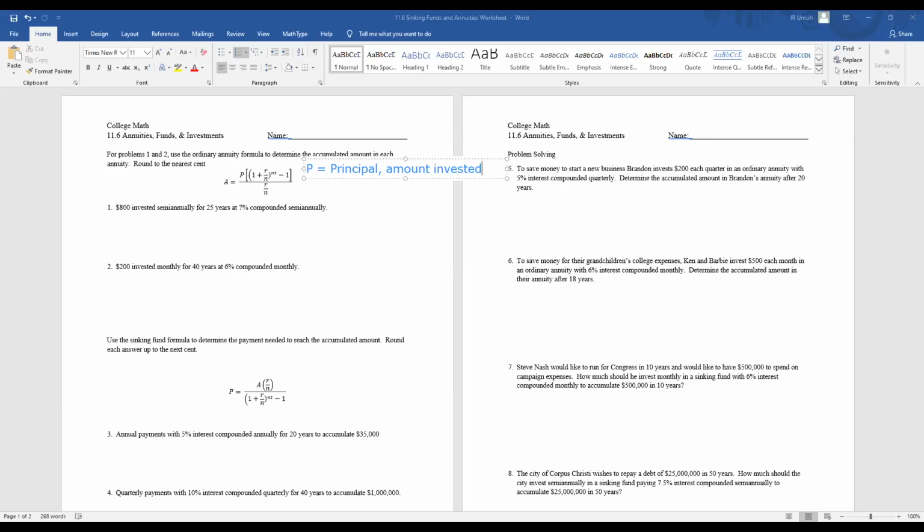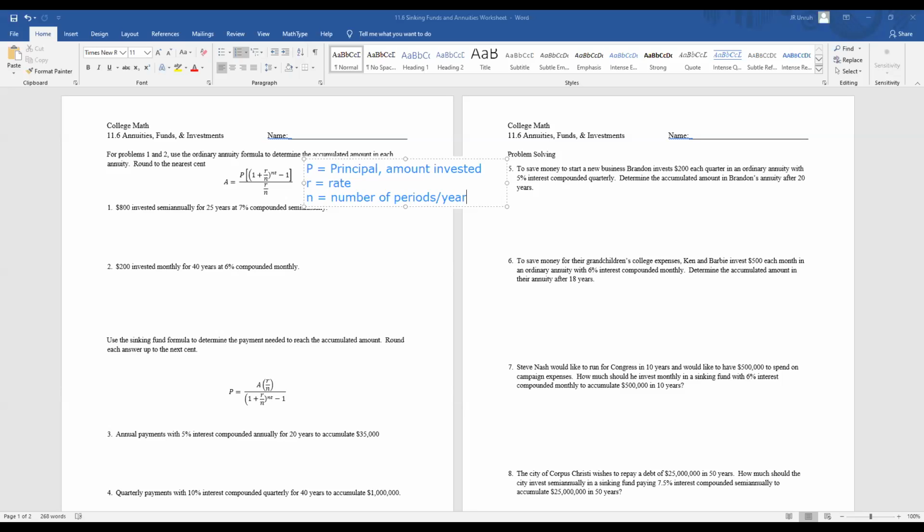R is equal to the rate, and n is the number of periods per year.